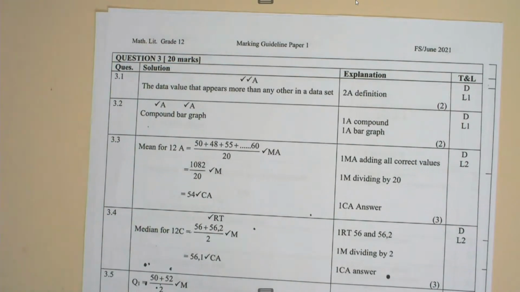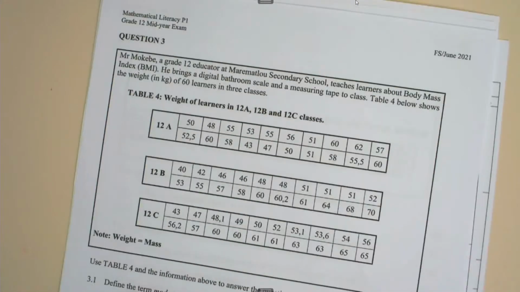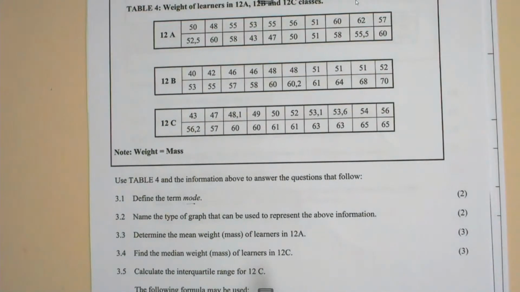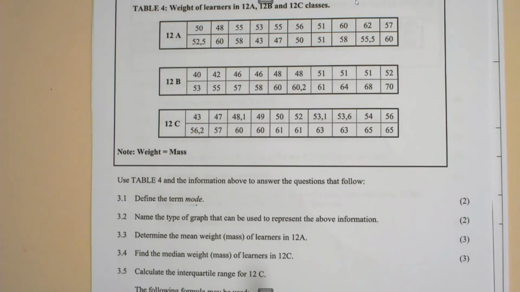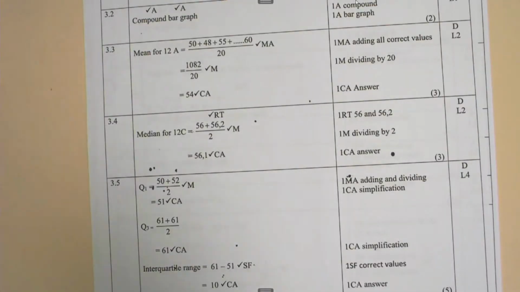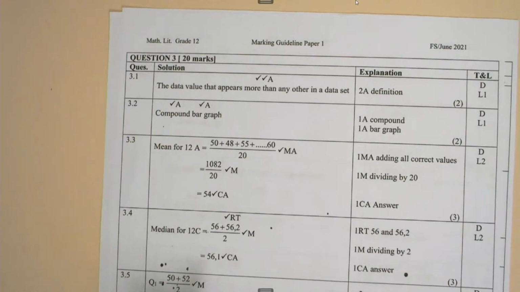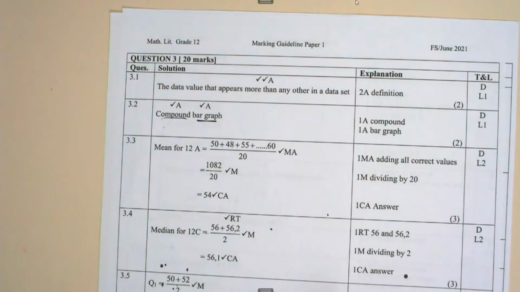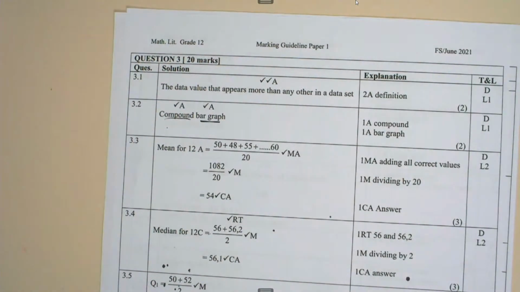3.2. It says, name the type of graph that can be used to represent the above data. Now let's look at the possible answer. The answer should be compound bar graph. Not a bar graph only, but compound bar graph.